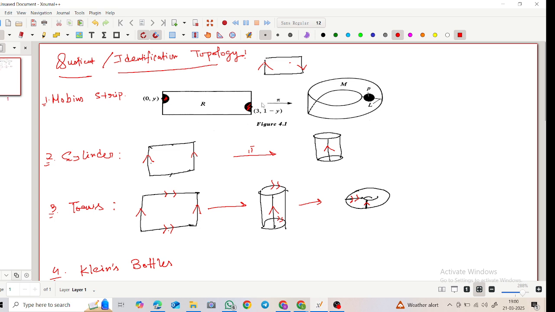What is the goal of this topic? So maybe I should write this thing here. This is lecture 0. What is our goal? Long term goal.